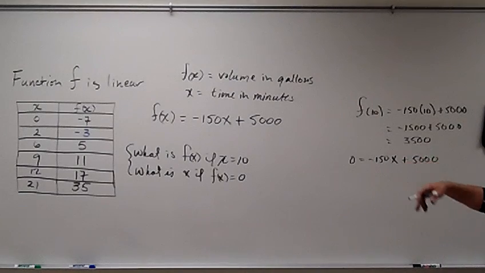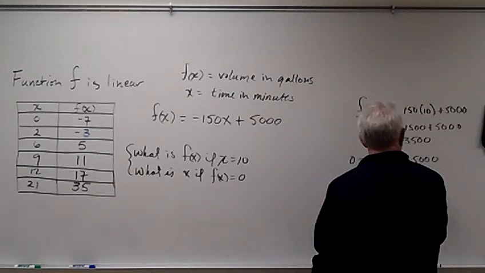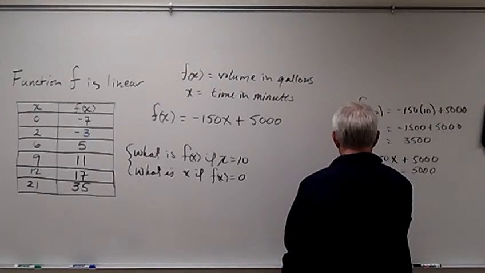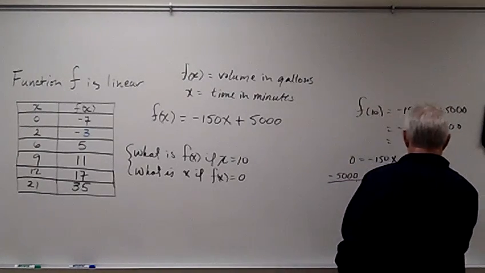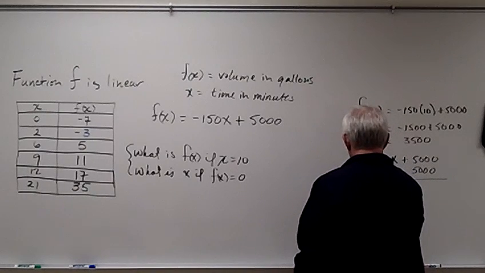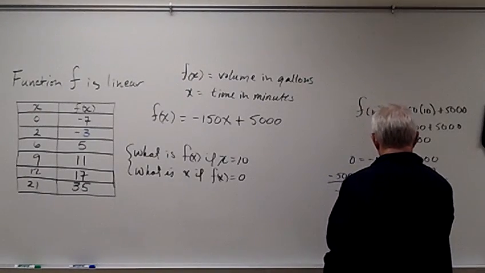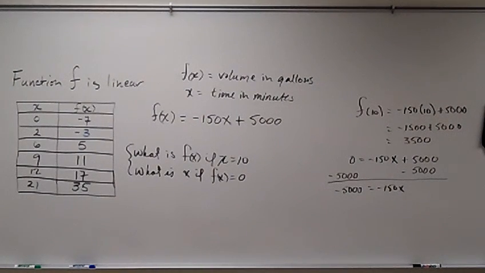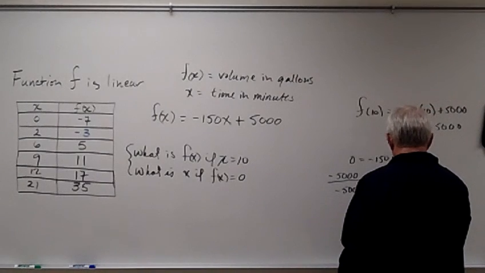First thing we're going to do is subtract 5,000 from both sides. So subtract 5,000, subtract 5,000, and we get negative 5,000 equals negative 150x. The next thing we need to do is divide both sides by negative 150.